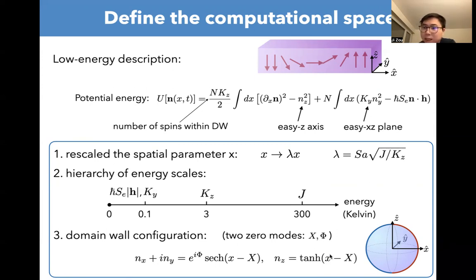Another important parameter is the azimuth angle φ of your spin texture in the spin space. Remember, we mentioned before that when this azimuth angle φ equals 0, this is the red trajectory, which corresponds to a positive chiral state.